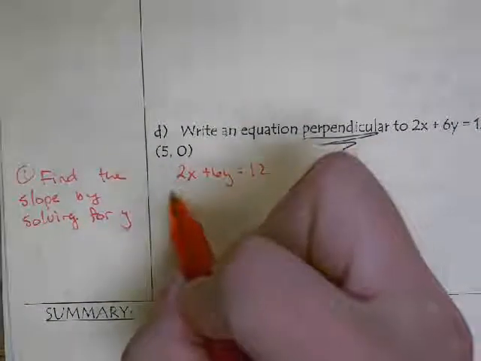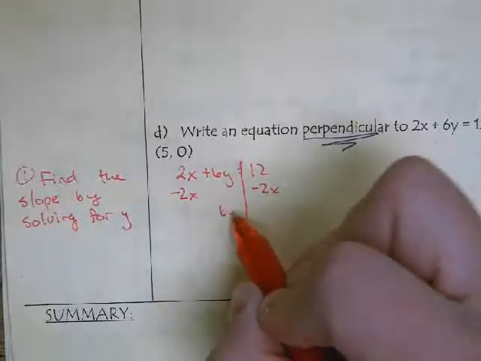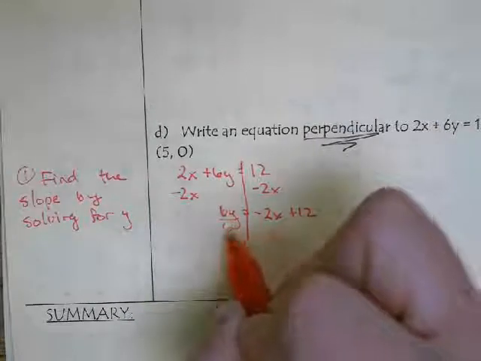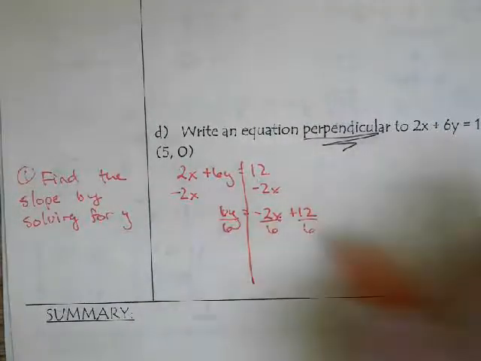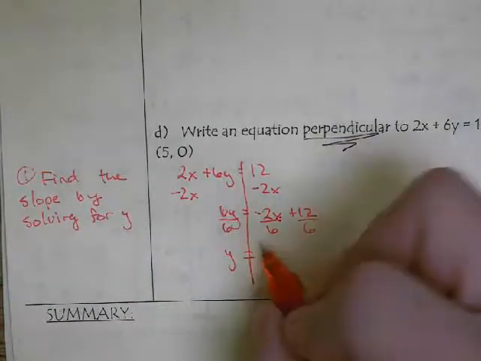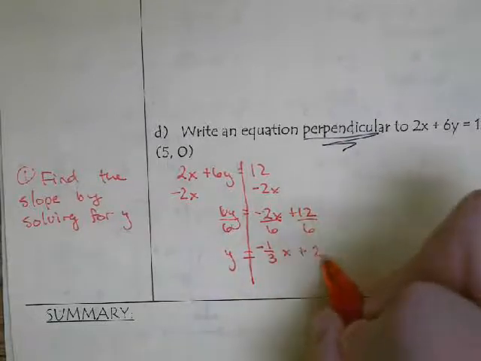I'm going to try to get y by itself, so I'll subtract 2x, and I have 6y equals -2x plus 12. Equal opportunity dividers, everyone gets divided. We'll have y equals -2 over 6, simplified is -1 over 3, x plus 2.